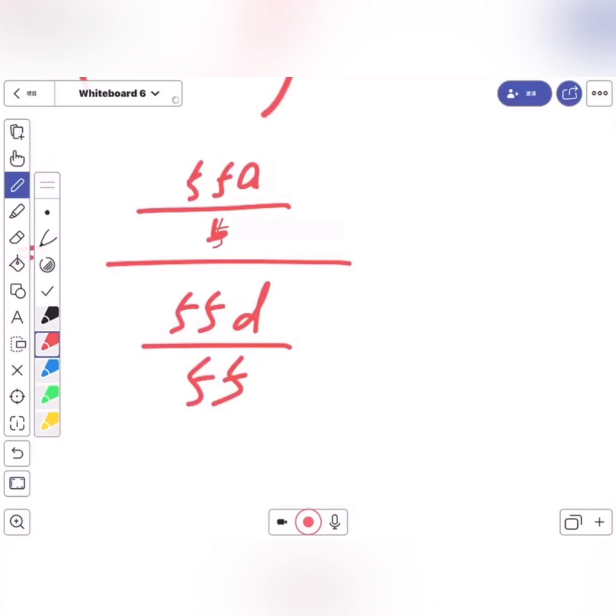Well, actually, this one should not be B, it should be 55. Let me just correct it really quick.